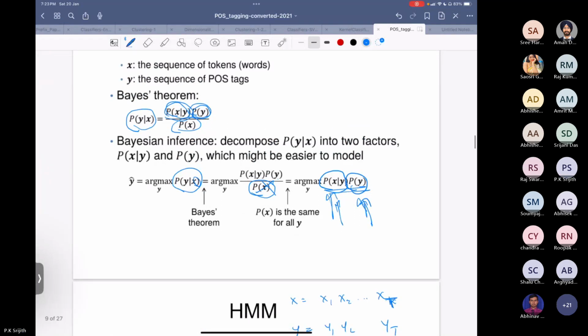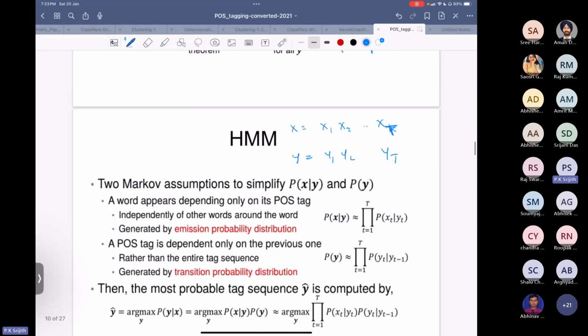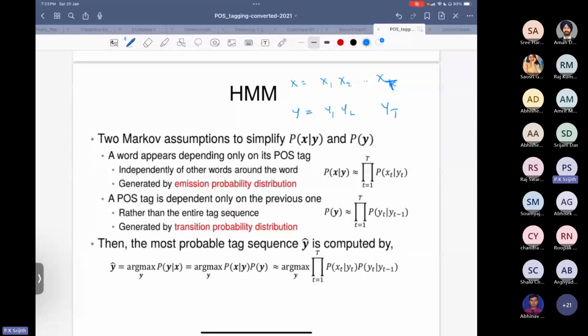Right? So let's first look at how we will model P of x given y. What you have here is the probability of x1 up to xt given y1, y2 up to yt, right?